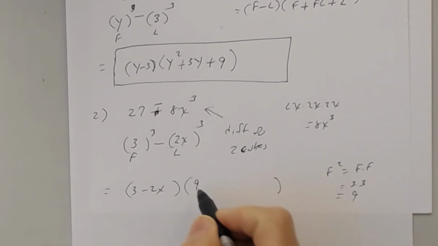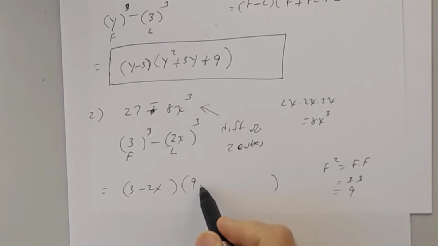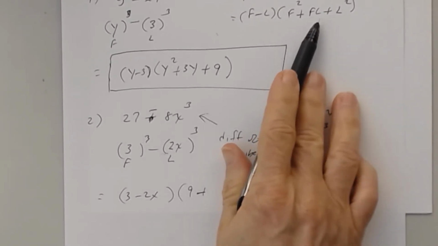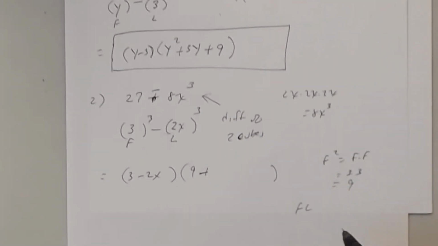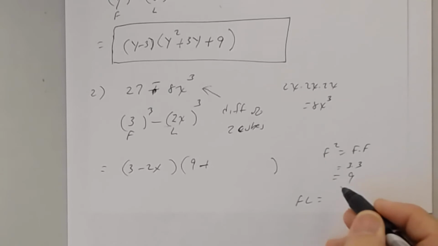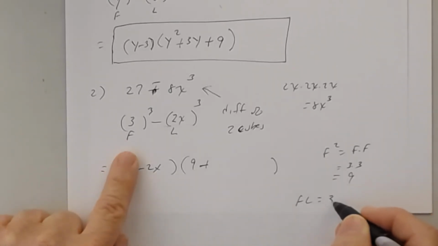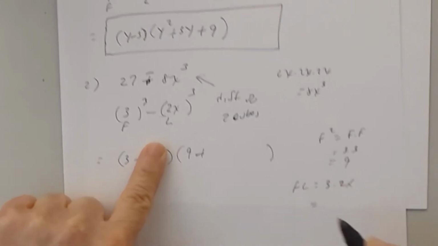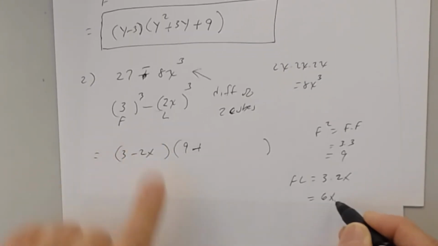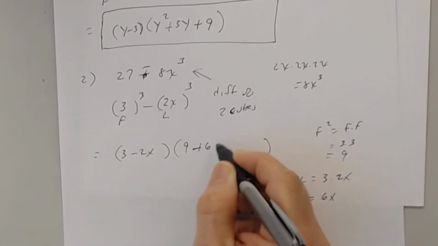So 9 goes here. Plus or minus? Plus. Then the middle term says I take F and L, and I multiply them together. What is F in this case? 3. What's L in this case? 2x. What do I get when I multiply them? 6x. Good.